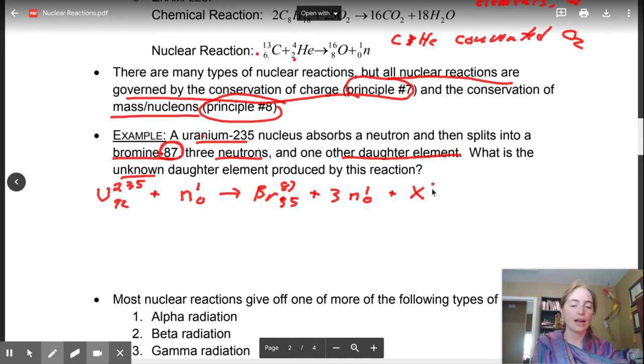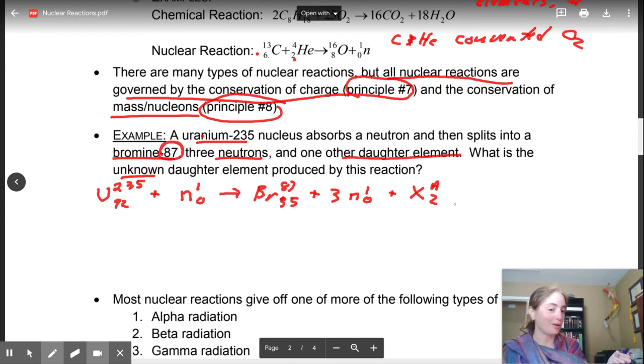So we've got X, A, and Z. This is where we're going to be using the conservation of charge and the conservation of mass/nucleons. Let's start with our protons and do the conservation of charge first.